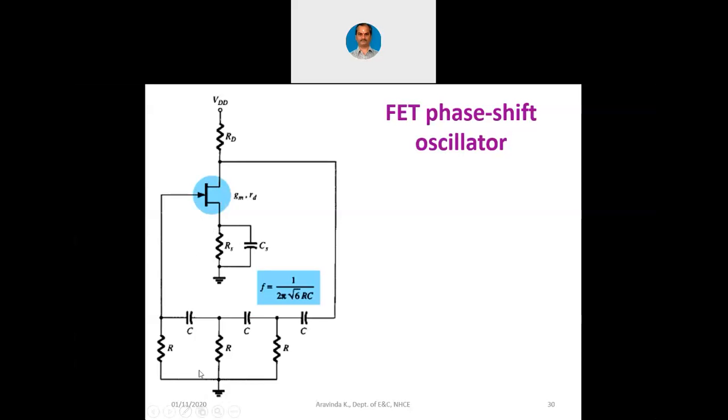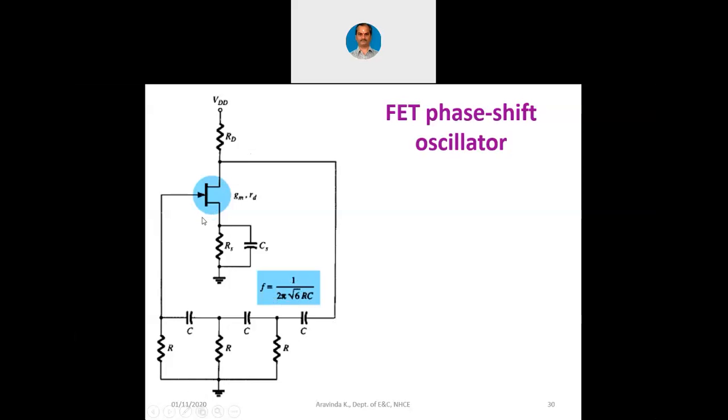So it does not matter, even if we connect this R here, even if Zi comes in parallel with R, the value of R is much smaller compared to Zi. So we can directly have an amplifier connection using this FET, and then we can have RC networks as the feedback. And the formula holds good in the same manner, 1 over 2 pi root 6 RC.